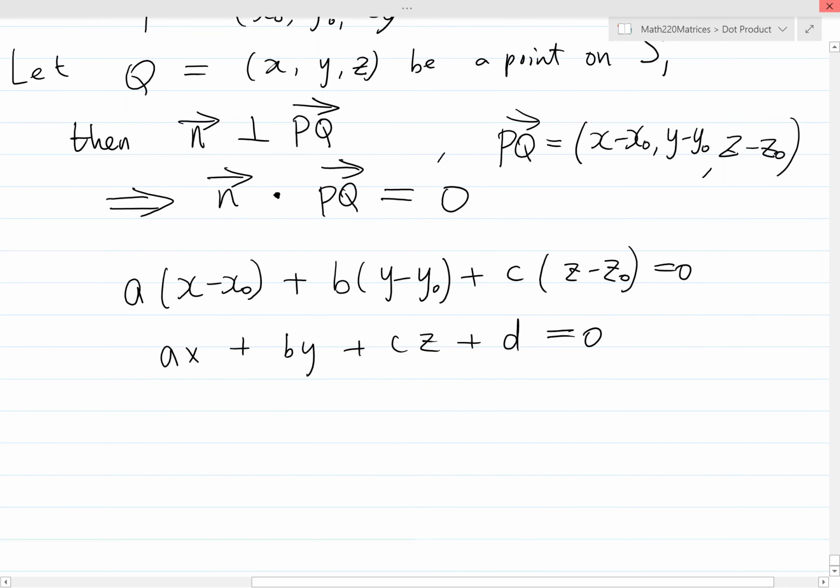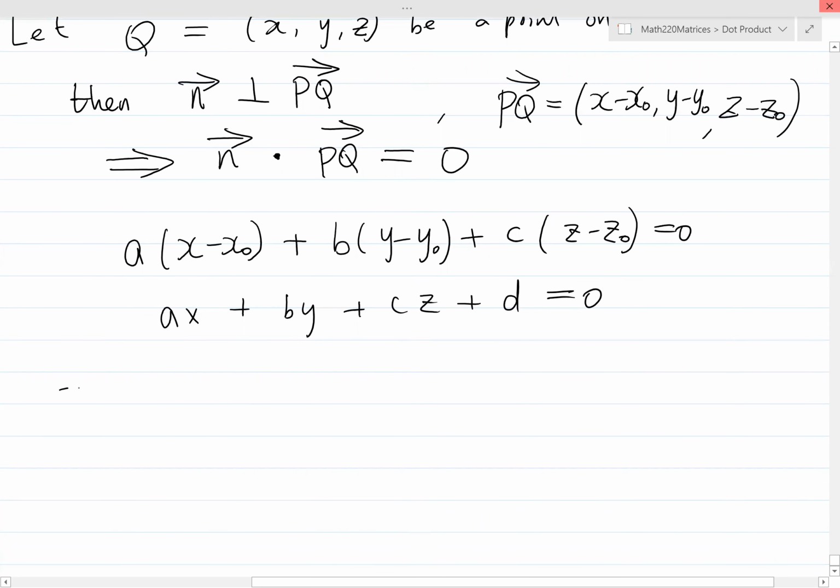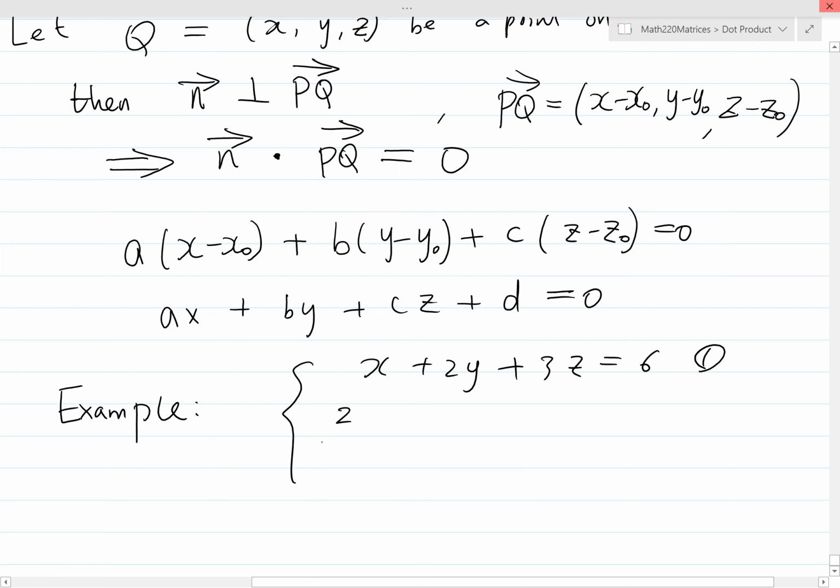For instance, let's see this example. Equation 1: x plus 2y plus 3z equals 6. Equation 2: 2x plus 4y plus 6z equals 5, for instance.